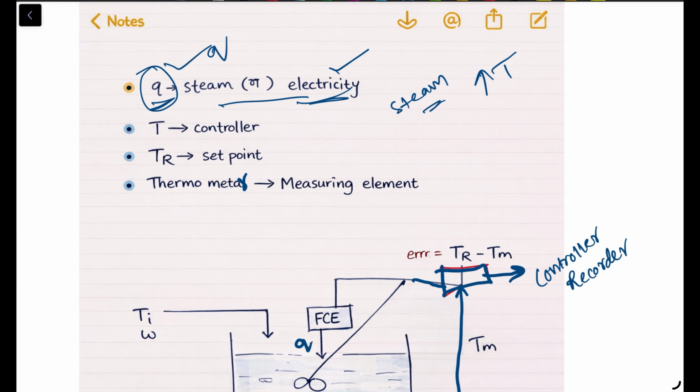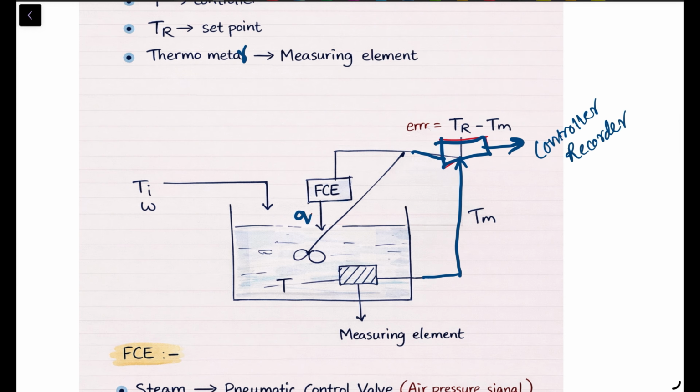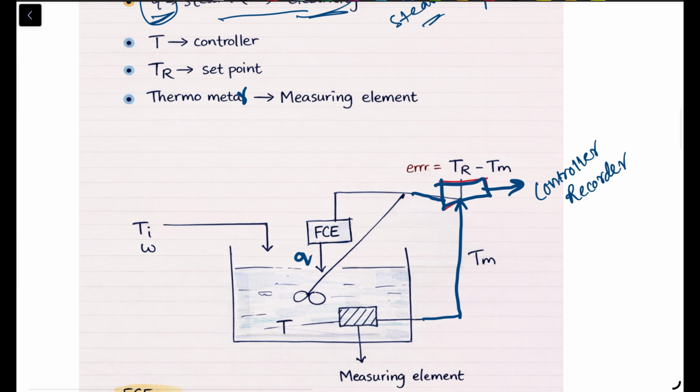Now let's discuss the temperature signal to the controller. Next we consider the reactor temperature T. The reactor temperature is measured and the signal is sent to the controller.